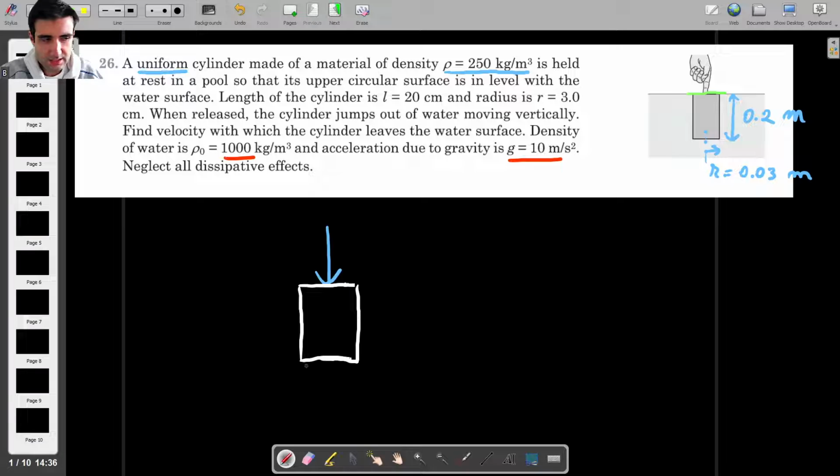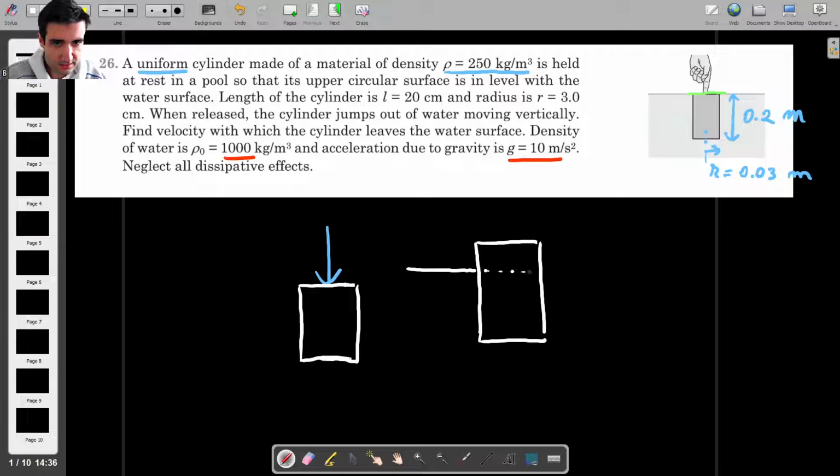So this means that the cylinder had a tendency to go upwards. If you remove that force completely, that's what the cylinder will do. So the cylinder will start rising. And let's say that at this moment in time, the cylinder is submerged a certain amount x underneath the water surface while it's still going up.